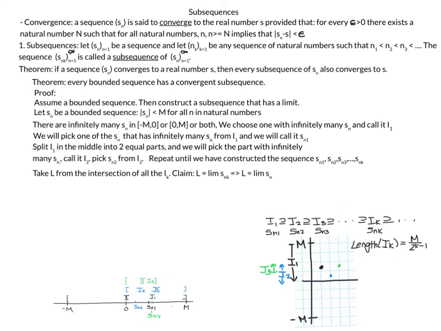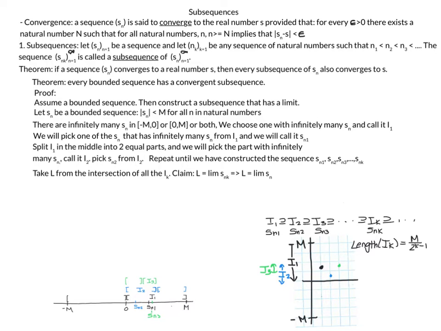I have condensed our process for finding our subsequence, and I have our claim here. If we take L from the intersection of all of our Ik, our claim is that L is going to be the limit of our subsequence, and therefore, from our theorem, is also the limit of our sequence.